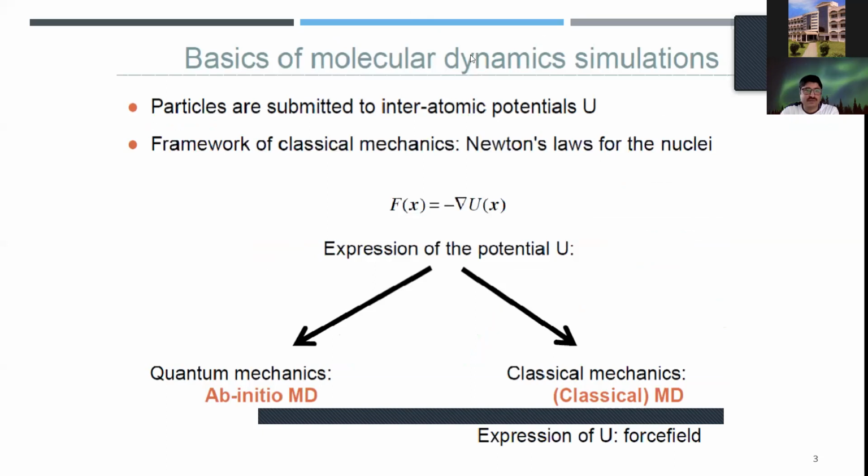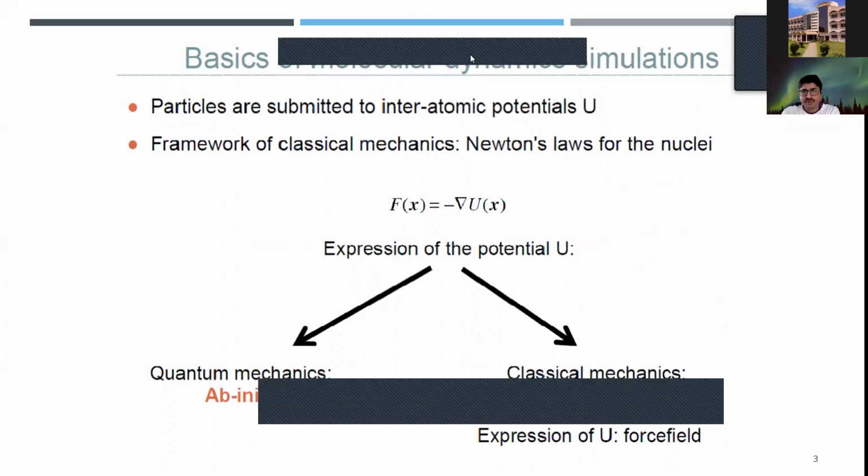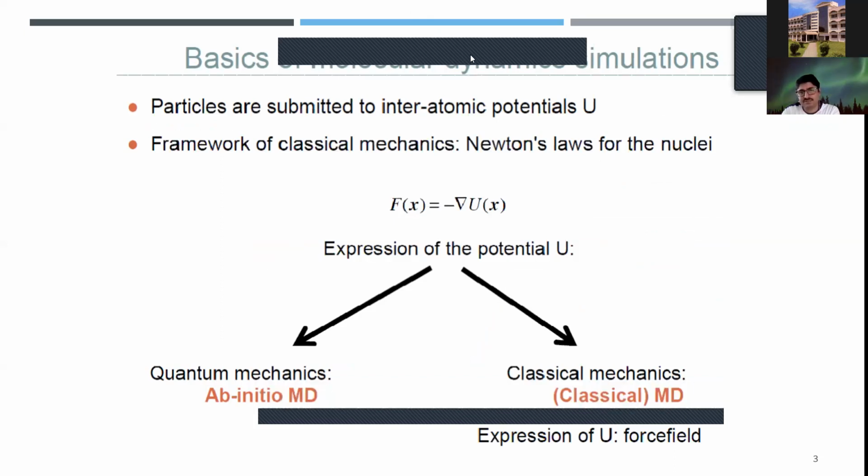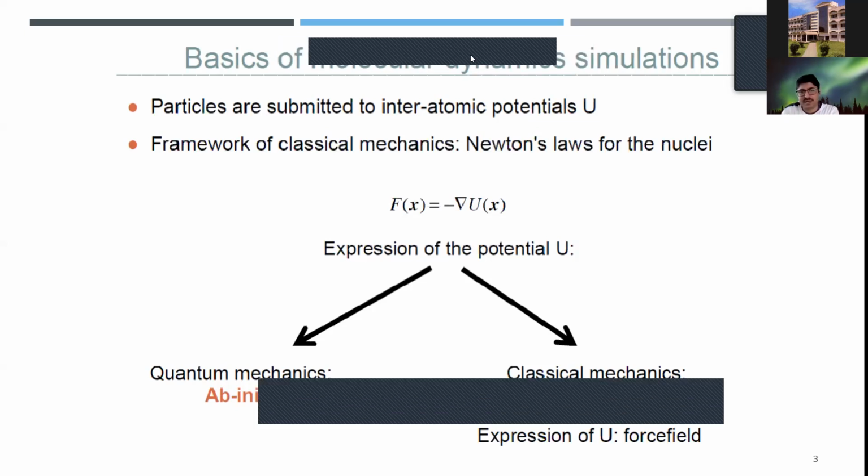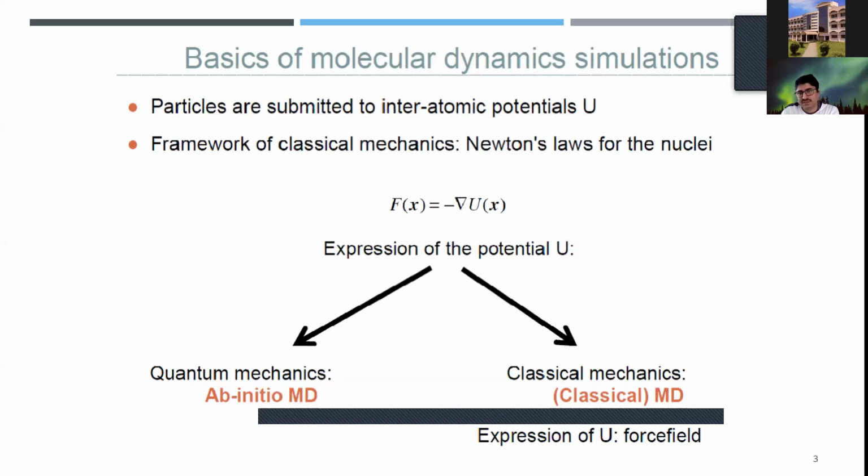So the basics of molecular dynamics start with atomic particles, and these atomic particles are submitted to some potential, like U. The expression of U can be expressed in terms of quantum mechanics, or in terms of classical mechanics.